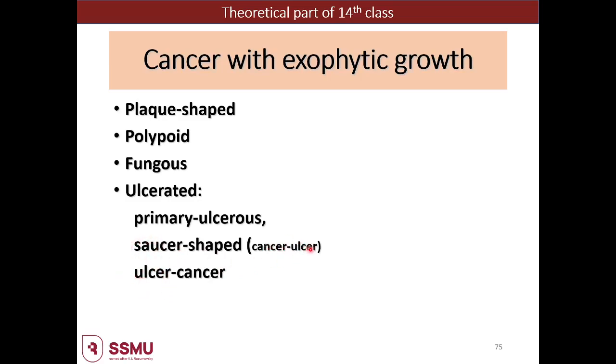Cancer ulcer is a process in which at the first step we see development of a fungating, polypoid, or plaque-shaped type of cancer, and with overgrowth we may see a necrotic area in the tumor and formation of a cancer ulcer. Primary ulcerous cancer is a situation when a tumor grows like an ulcer.